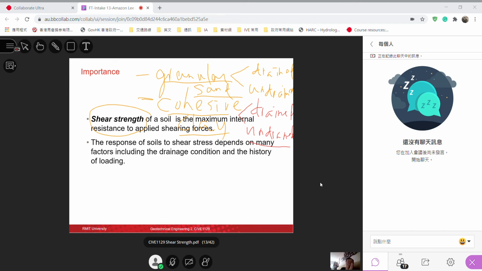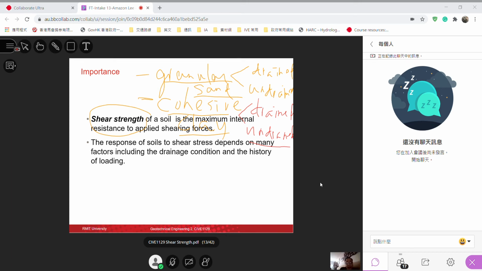And after we know what kind of soil it is, granular or cohesive, then the second question we have to ask is, is it drained? That means pore water pressure is free to move away from the soil particles. So it's drained. Water can freely drain away from the soil particles during shear.